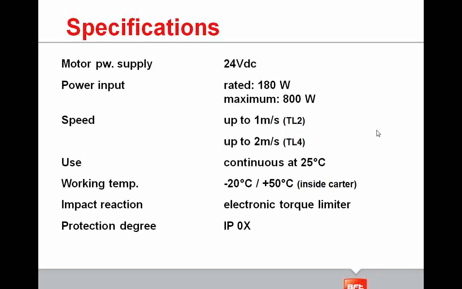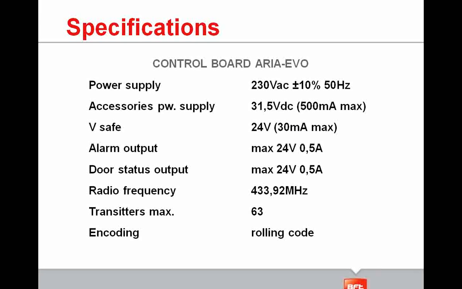The control board installed is the Area Evo. This is the same control board used for the new Vista SL and Vista SLC. The power supply is 230. The accessory power supply is 24 volt DC. The safe output is present at 24 volt, maximum 30 milliampere.